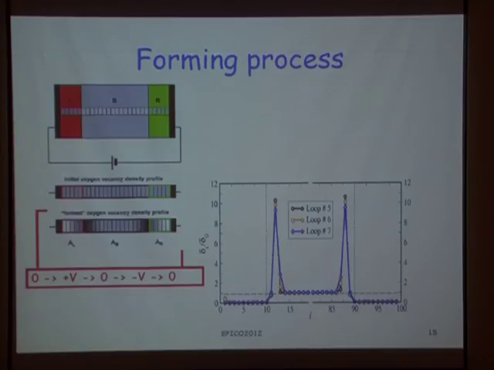So we need these forming processes, or in a way, this is the optimal distribution of vacancies. From this distribution, vacancies start to move back and forth at this interface or at this interface. That depends on the local electric field and on the symmetry of the sample, as I will show in a few moments.